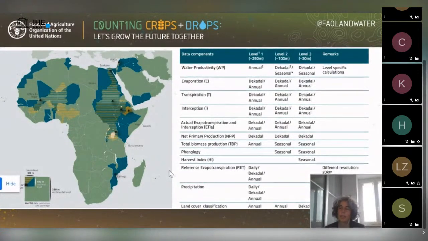At continental level, we publish data at 250-meter resolution. Then for 21 countries and selected river basins, we publish data at 100-meter resolution. And then for 8 pilot areas that you see in those black spots on the map, we publish data at 30-meter resolution. Those data are mostly decadal in time step, while reference ET and precipitation are daily.